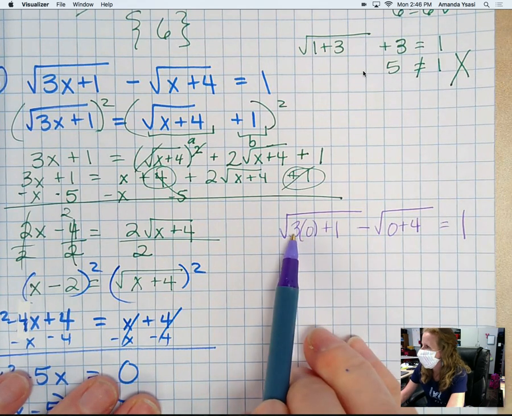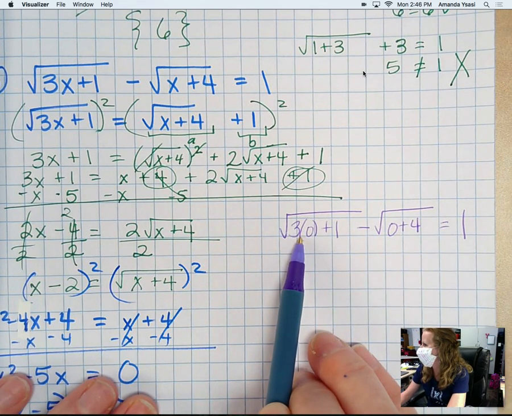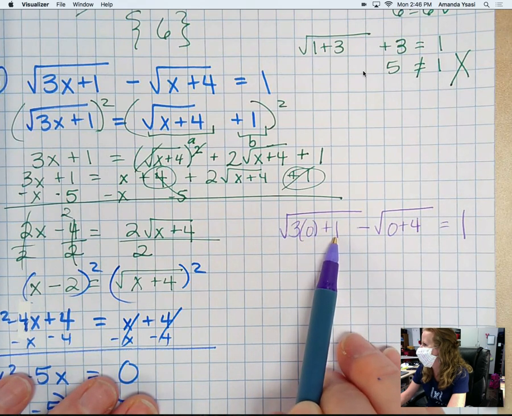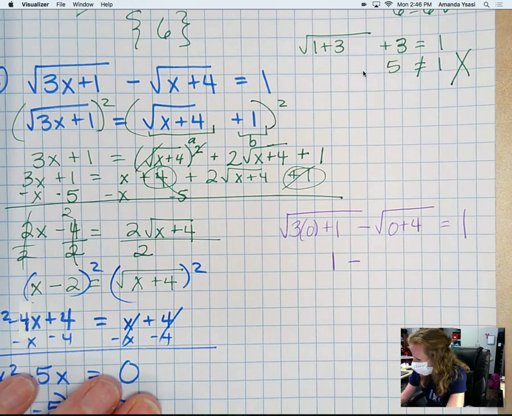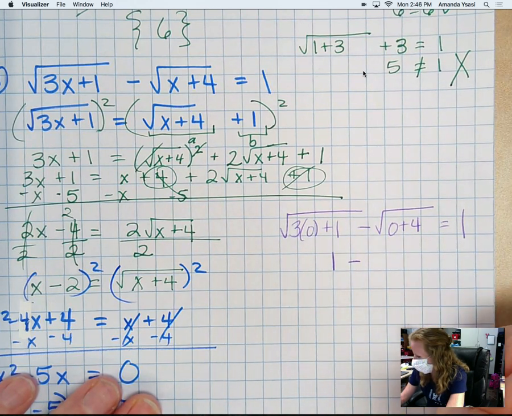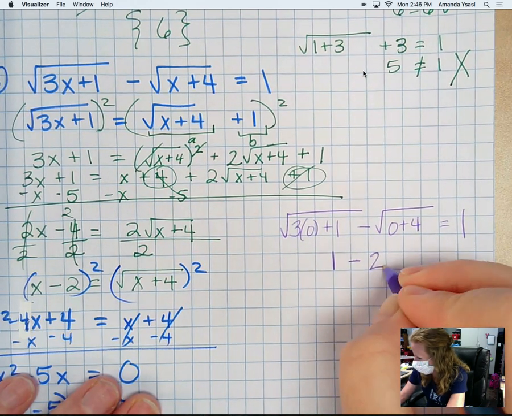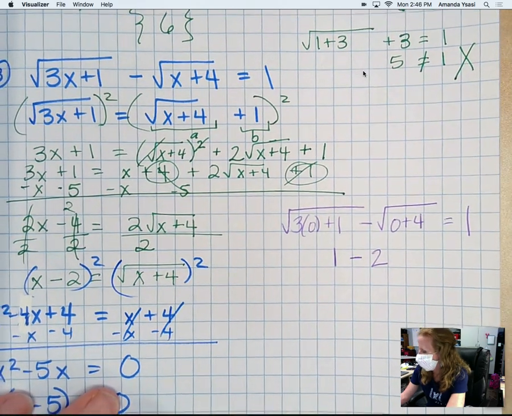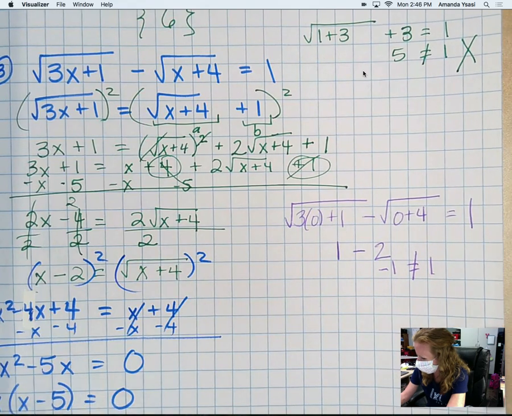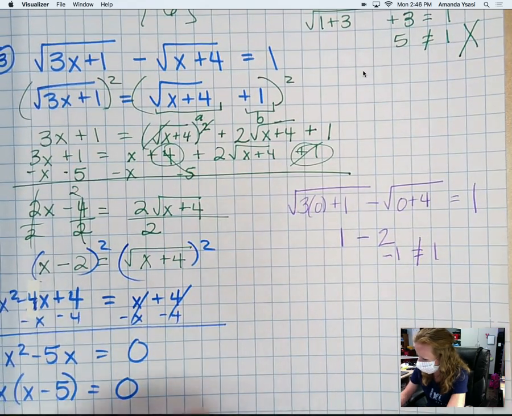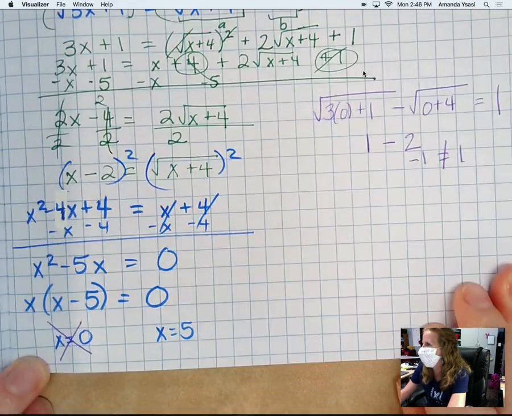So 3 times 0 is 0. 0 plus 1 is 1. Square root of 1 is 1. So 1 minus square root of 4 is 2. And that ends up equaling -1. But -1 does not equal 1. So that means x does not equal 0. So we can mark out that solution.